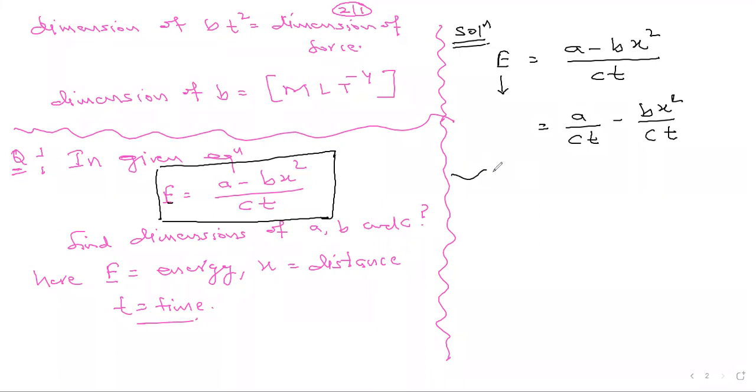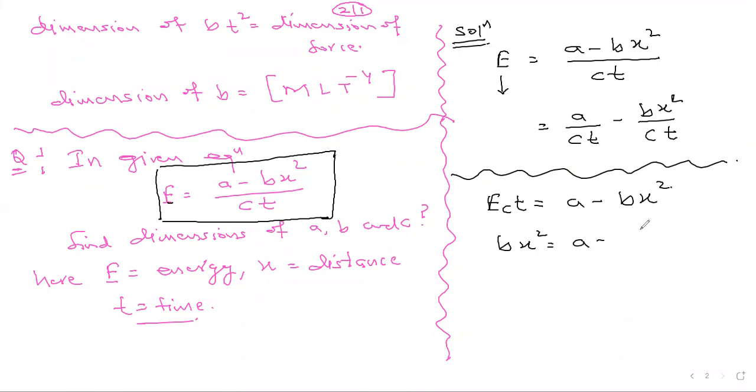Otherwise, the same equation you may take ECT equal to A minus Bx square, or Bx square equal to A minus ECT. So x square equal to A upon B minus ECT upon B. Got it?